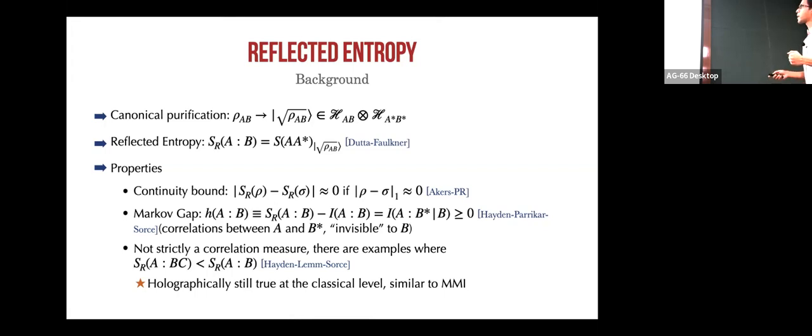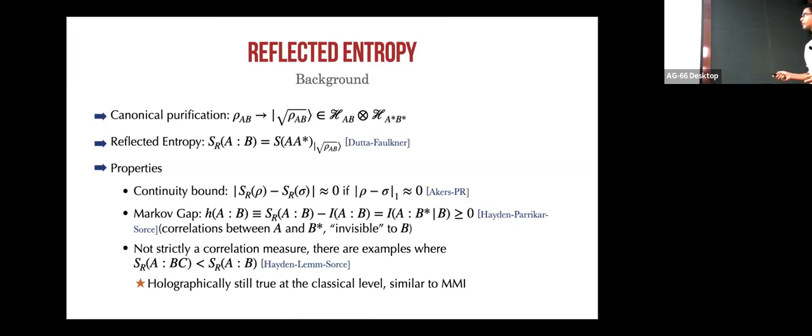However, if we work at the classical level holographically, the reflected entropy, as I'll tell you, will be related to some area in the bulk, and you can show that it's a correlation measure using the classical version. This is similar to the monogamy of mutual information.